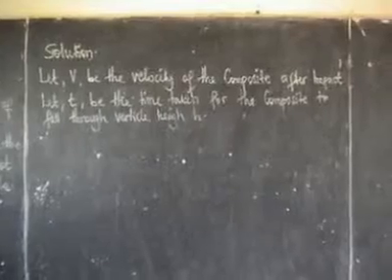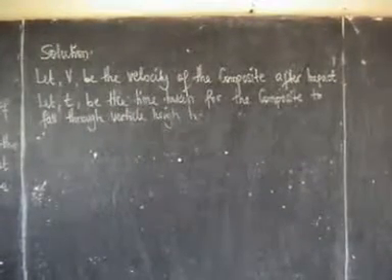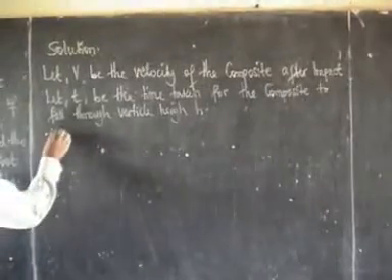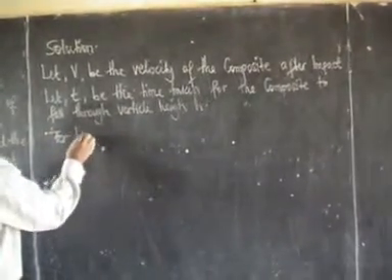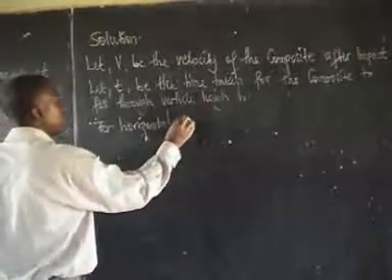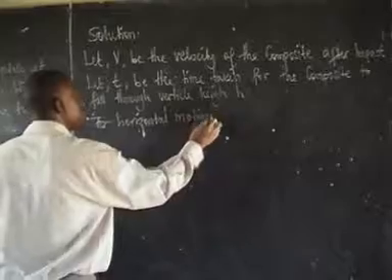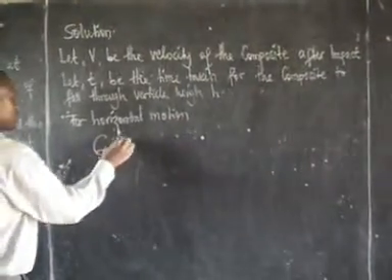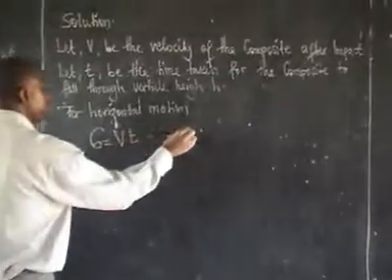So in this case, after impact, when this body is moving in space, we are going to handle it as a body projected horizontally. So when you consider the horizontal motion, we shall have 6 is equal to vt.